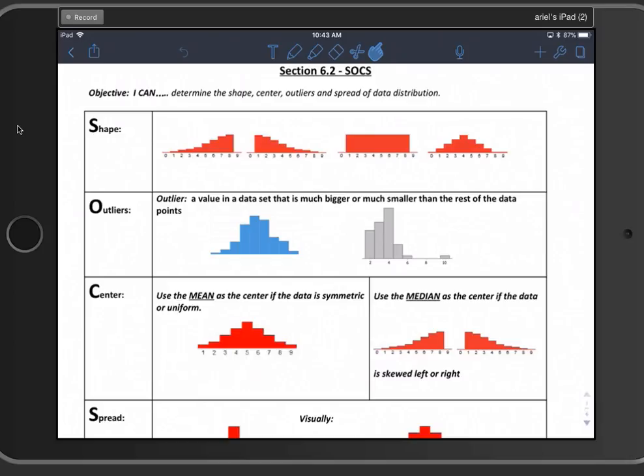Know that we will be giving you pictures of different graphs, and then we expect you to know what the shape is. So, for example, this one right here is skewed, and I'll write the word skewed, and you have to say left.